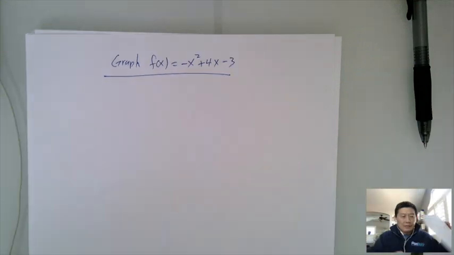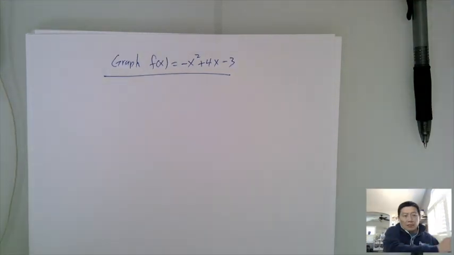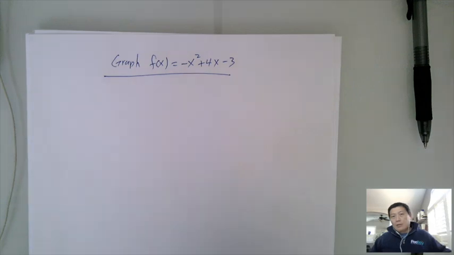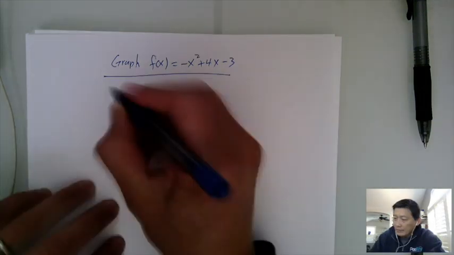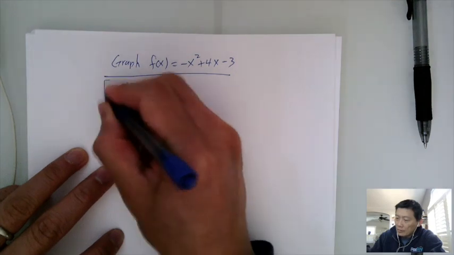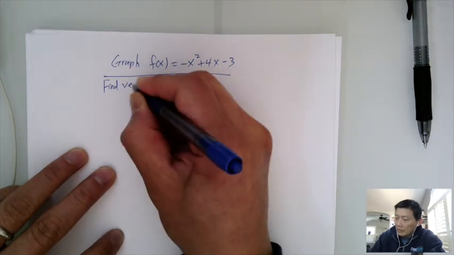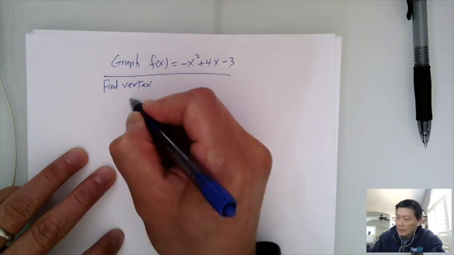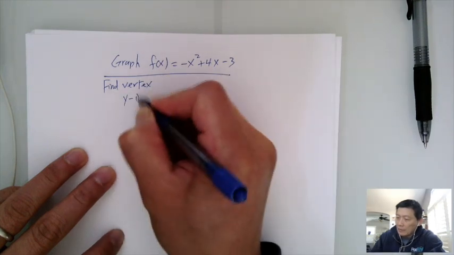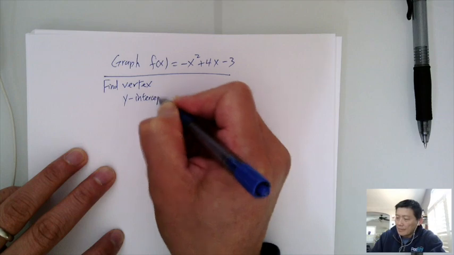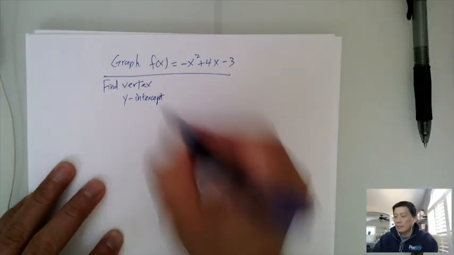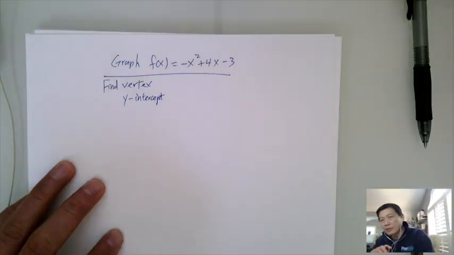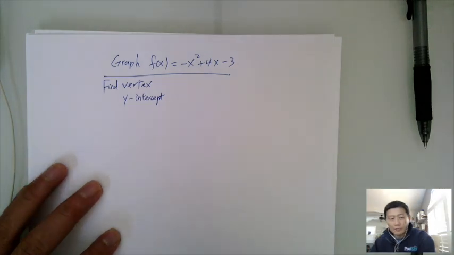Very simple, right? The information you need is a vertex and a y-intercept. Those two pieces of information will allow you to figure that out.